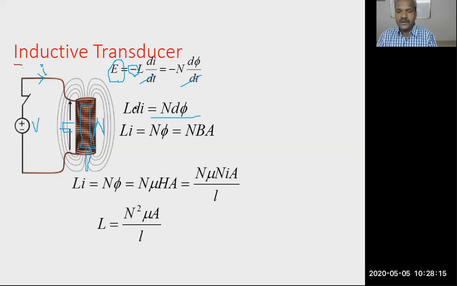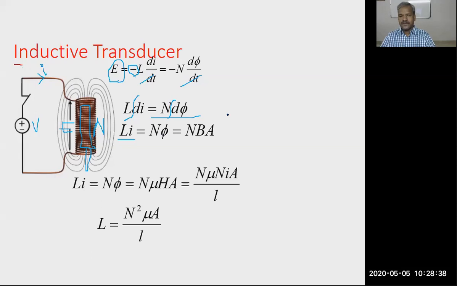If you integrate this with respect to their limits from I1 to I2, say phi1 to phi2, we will get L times the integral of di equal to I, and N times the integral of d phi equal to phi.